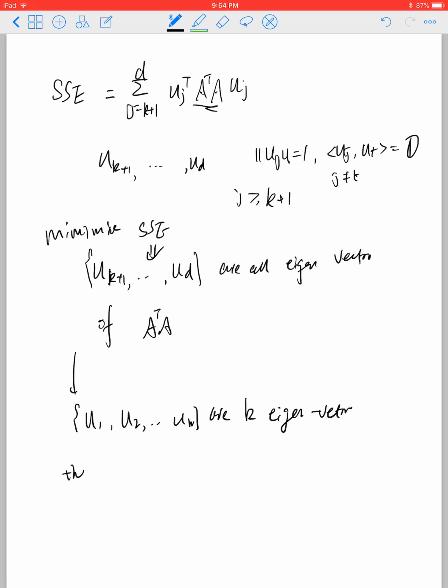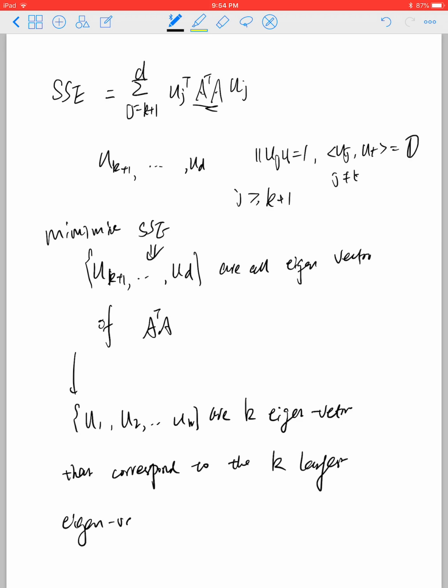And also you can derive that our optimal basis, which determines F, right? U1, U2 to UK are K eigenvectors that correspond to the K largest eigenvalues of A transpose A. This is the result.